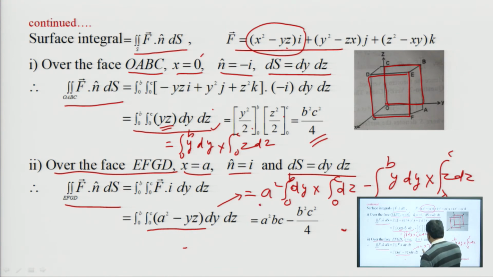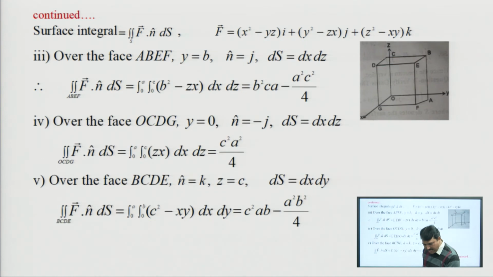If you evaluate this in this form, then you can easily write its value, because if you break this in two parts, you can easily apply the same result. So, its value becomes a square bc minus b square c square by 4.